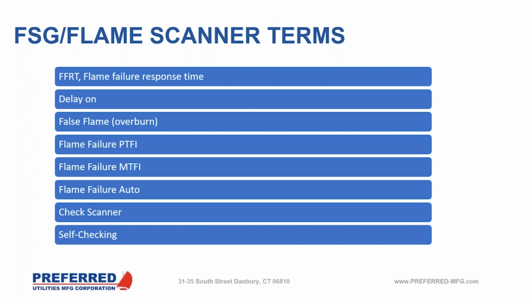Now, the flame signal is very important to know on the particular flame safeguard. There is really not any standard there on flame signal units. So you'll want to know from the manual what the bare minimum flame signal is and what that range is.